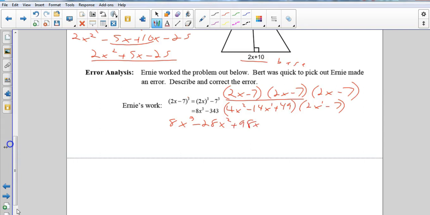Now I'm going to send the negative 7 in. Negative 28x squared positive 98x, and then minus 343.